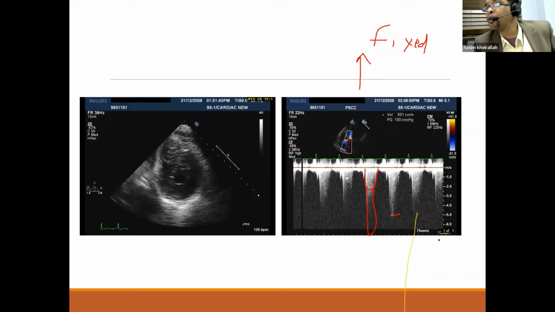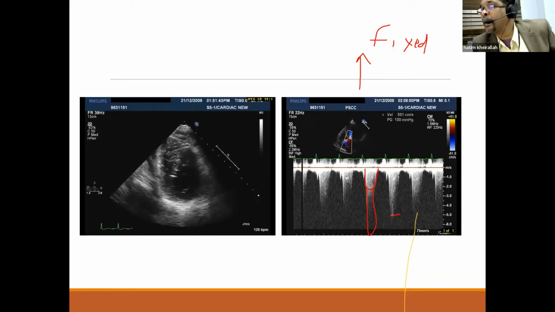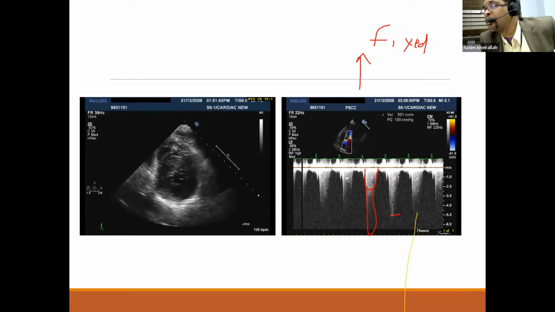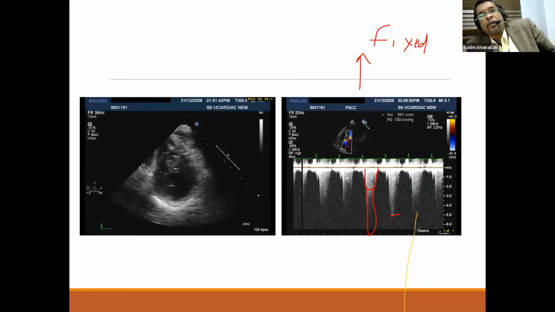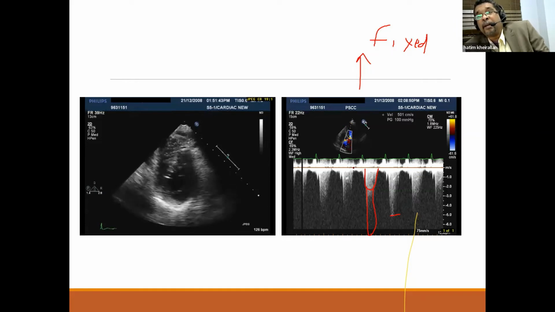And that's why you should always be guided by color, and you try to fine tune and adjust your spectral line, I mean interrogation line, to where the jet is. And we know that aortic stenosis by echo isn't an easy sale, and you always have to engage time and effort.